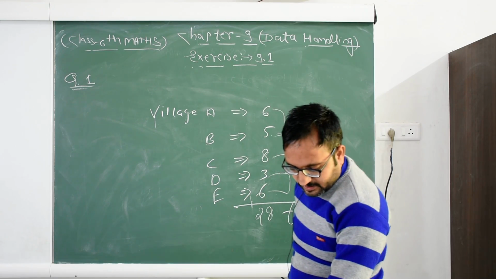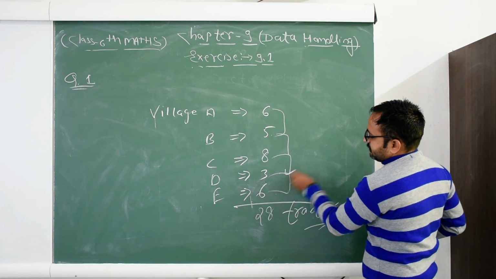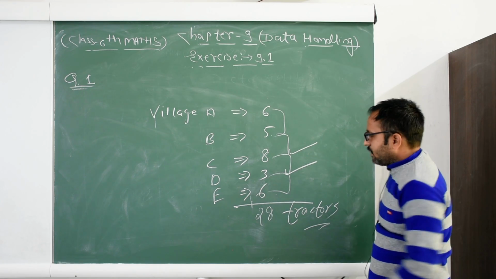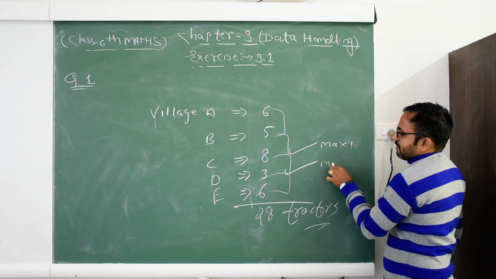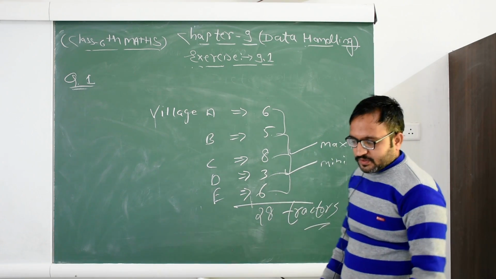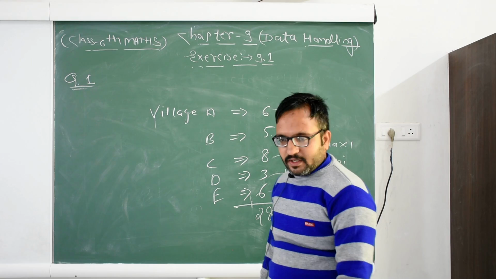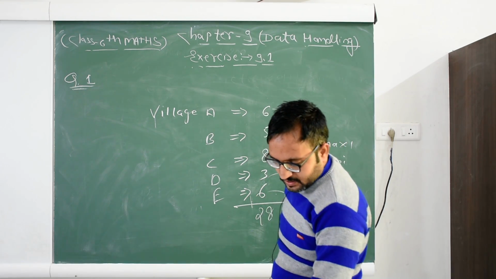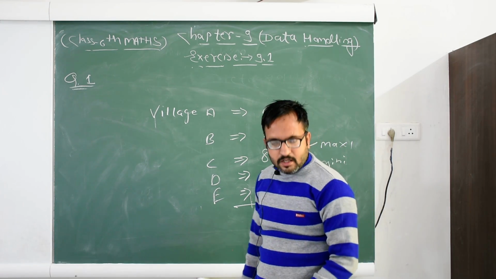Okay, minimum tractors 3, maximum tractors 8. This is the maximum tractor, and this is the minimum. With the help of the table we give the answer of question 4, and questions 5 and 6 are the same as question number 4.